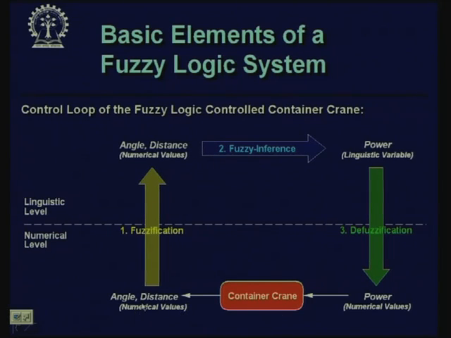So, I read the angle and distance, the numerical values, and then fuzzify it. So, I get not some numerical values, but some linguistic values, and then get the power and then defuzzify it and again actually put the real numerical power to the controller crane. That is the problem that we are trying to solve.